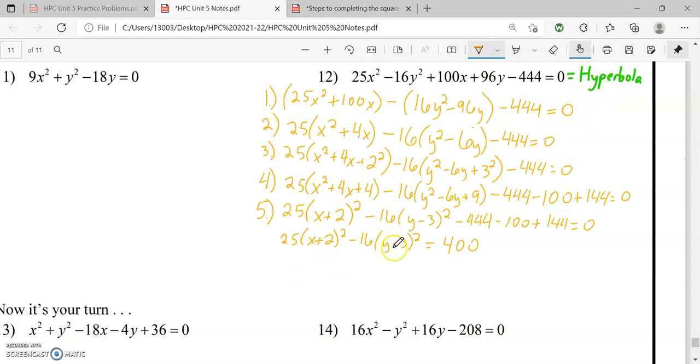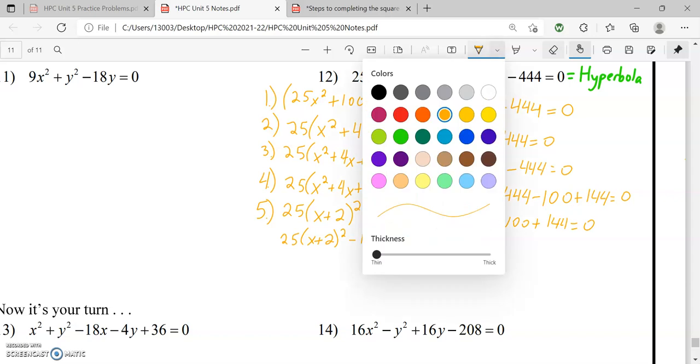What I'm getting at is we need to get this into a standard form. So that looks like not 25 in front of the x or a 16 in front of the y. So what we need to do is divide everything by 400, because the standard form of a hyperbola says that the x squared and the y squared terms equal 1.